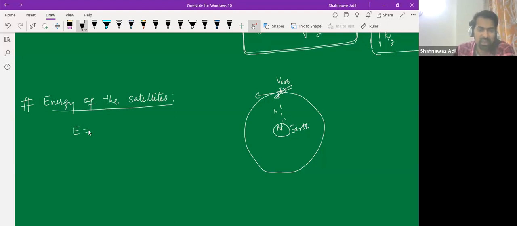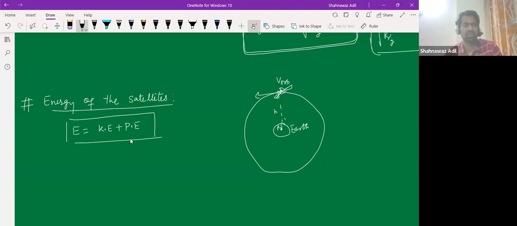Can you guys tell? What would be the energy of this satellite? Both potential energy and kinetic energy. Absolutely right. So it will have kinetic energy plus potential energy. Let us calculate the kinetic energy.